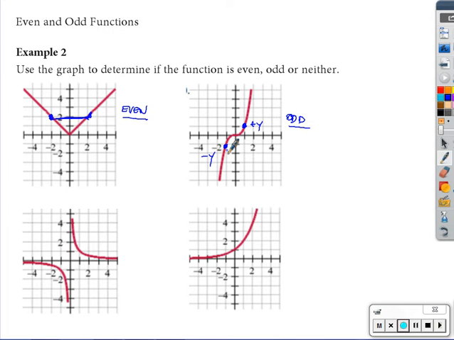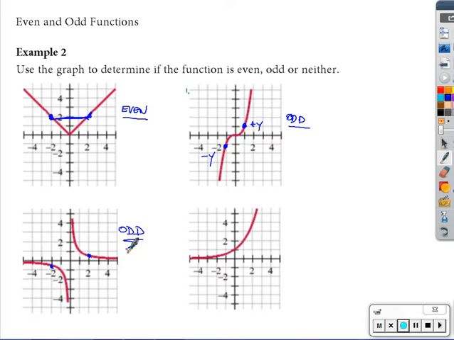That makes them odd because those numbers are opposite. Example like this, if I go over to 2, you notice here my y value is, say, a half. I go to negative 2, my y value is negative a half. Positive a half, negative a half are opposites. This function is odd.